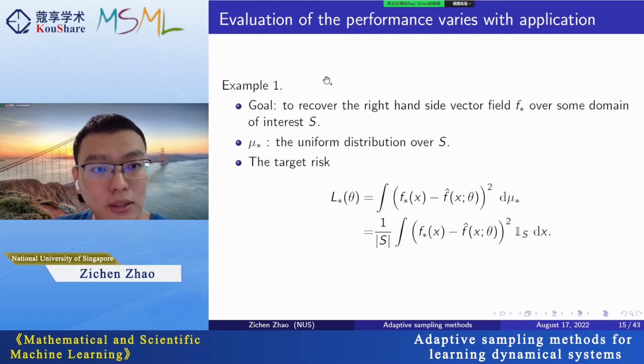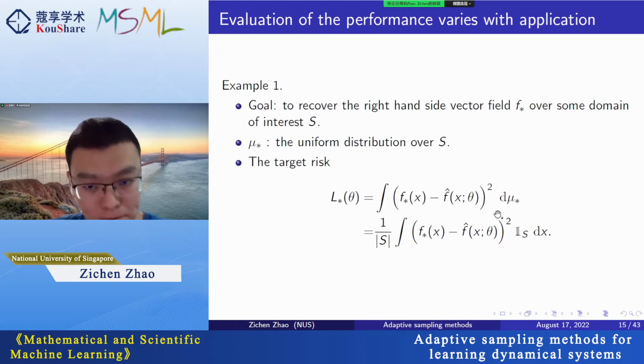So the first one is here. Our goal is to recover the right-hand side vector field f star over some domain of interest S. Then the target measure mu star can be selected as the corresponding uniform distribution. And the target risk can be expressed in this form.